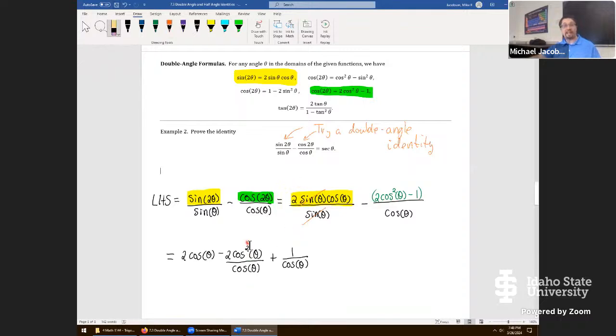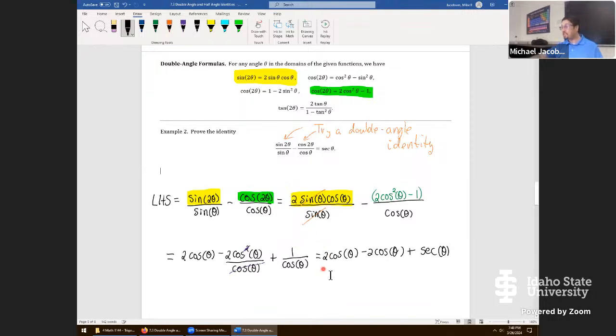We have cosine squared divided by cosine, and you can do a cancellation. This cancels the power, so it's just negative 2 cosine theta. Let me write in another step just to clarify it. After canceling cosine over cosine by the red dot, we now have 2 cosine theta minus 2 cosine theta, because the power is now a 1 after cancellation, plus this one we should write as a secant theta.